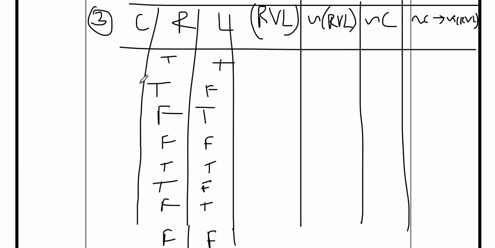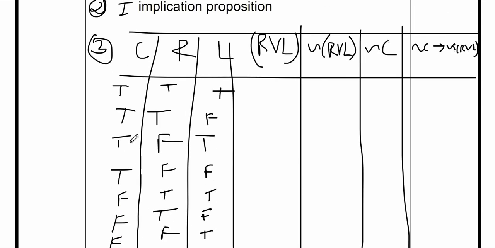Okay, and here for the first column it will be all true values: true, true, true, true, then false, false, false and false. Okay, so this completes our basic permutations and combinations of true and false values.